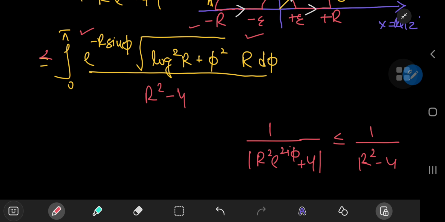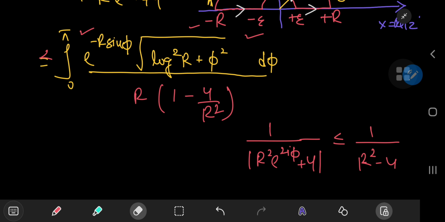And what I'm going to do next is factor out an r squared term from the denominator. So we have r squared times 1 minus 4 by r squared, and one of these r terms cancels out quite nicely. Okay, cool. And what else can I do?